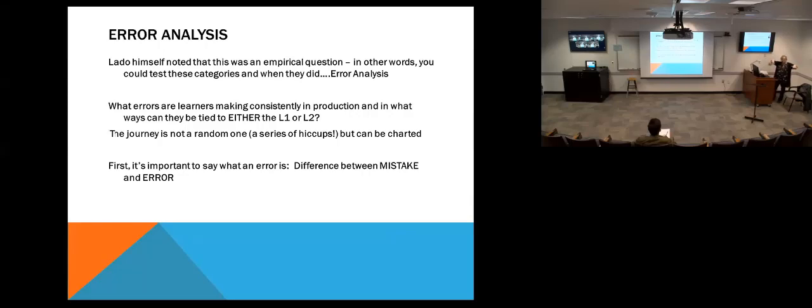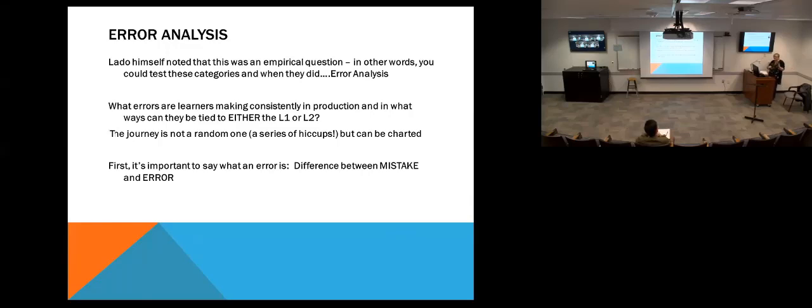So an example of that would be, can you tie an error to a first language transfer situation, so to the L1? Or can you tie an error to the way in which language structure operates in the L2, regardless of the L1? Or even irregardless of the L1, as Sal would say. Or even unirregardless of the L1, which is what Sal always says.